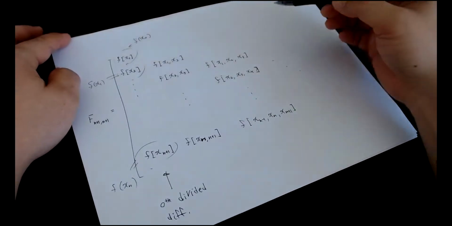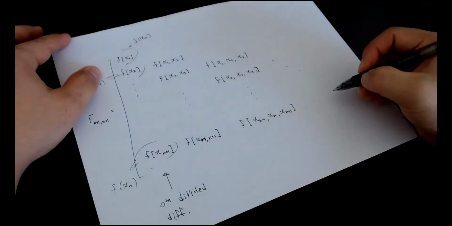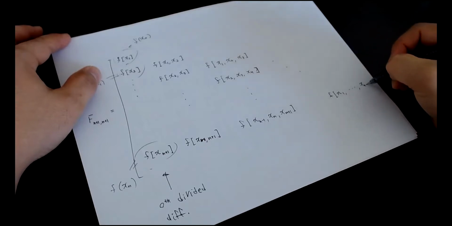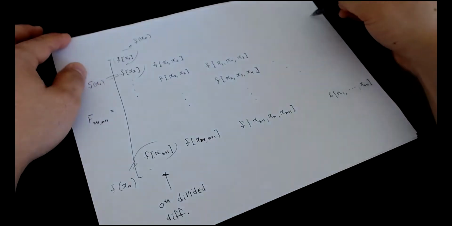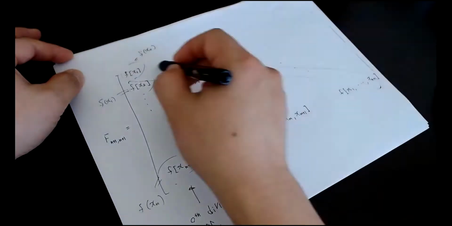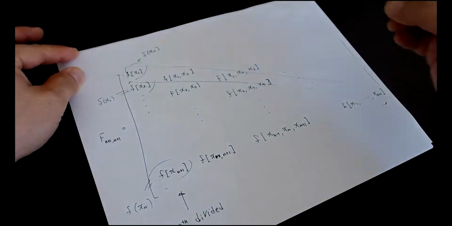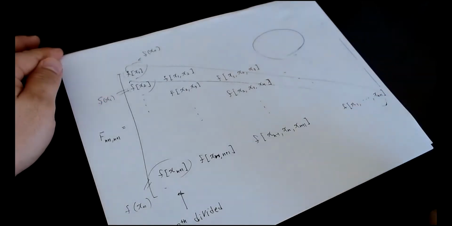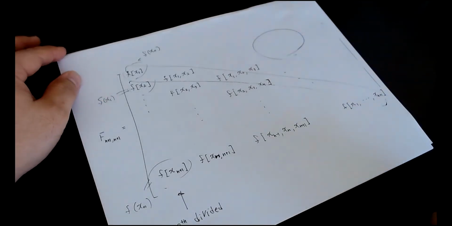The last row and last column will be f of x1 through x n plus 1. These are the diagonal entries, and all the entries above the diagonal are going to be 0.